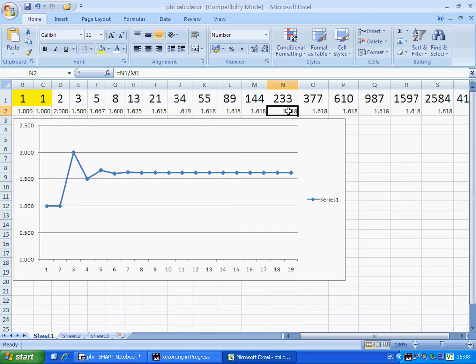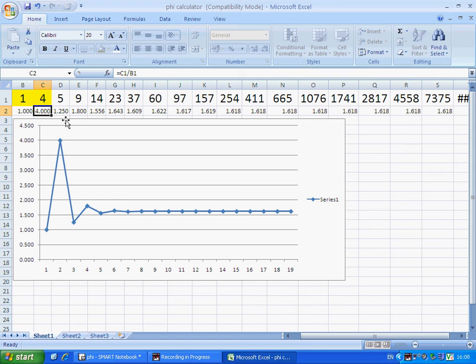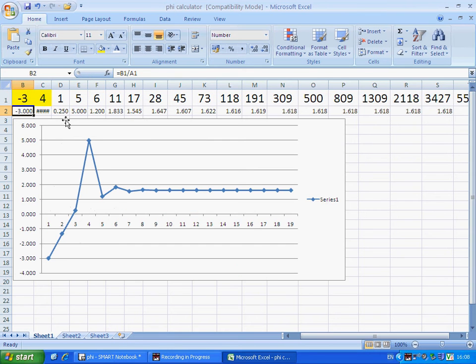And then the natural question is, what happens if we change the numbers from 1 and 1? Because they're not very interesting. Let's try 4. You can see again that the number phi appears. What's that I hear you say? Let's try a negative number? Okay, let's try negative 3. The number phi appears again.